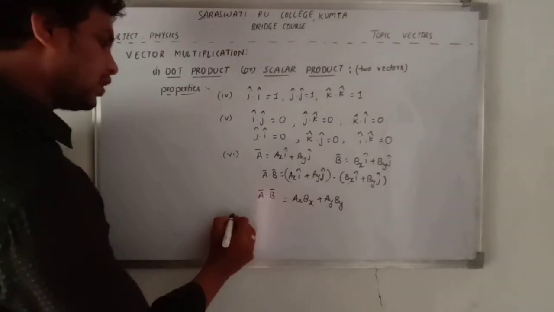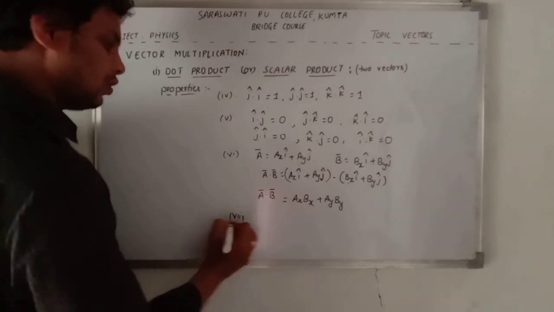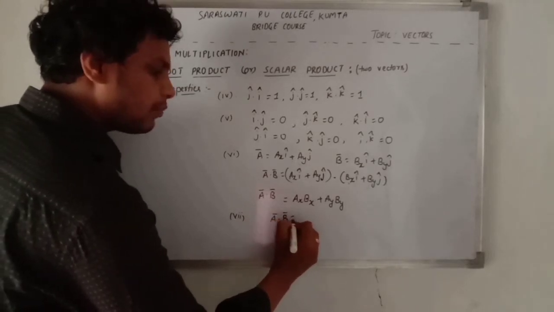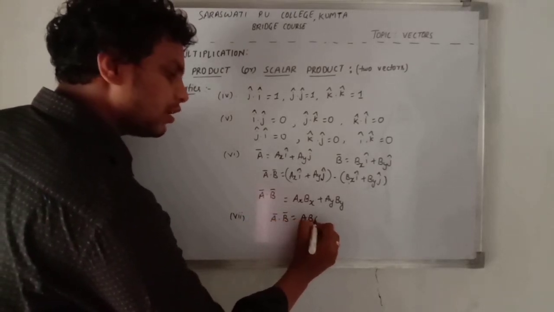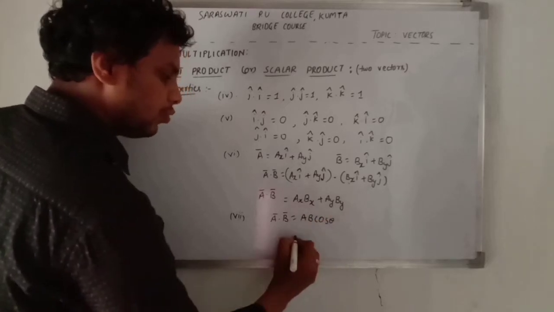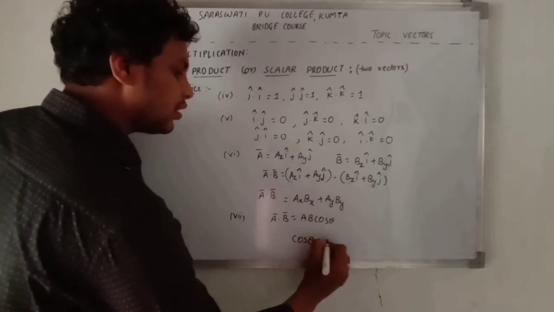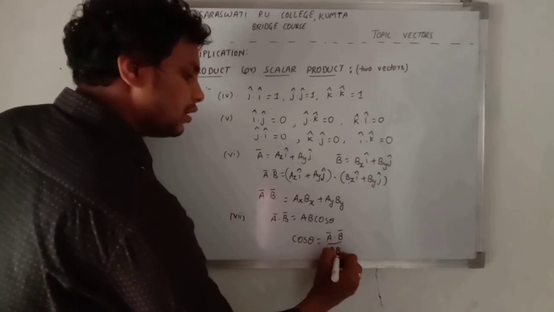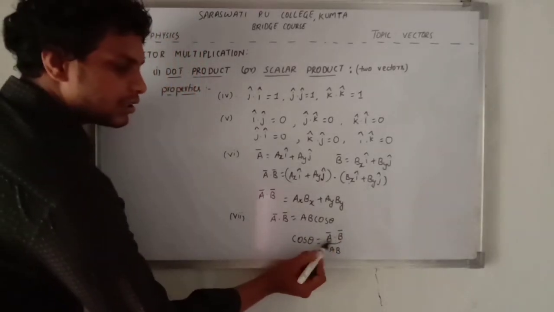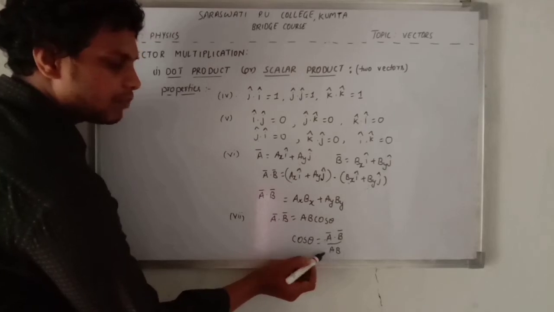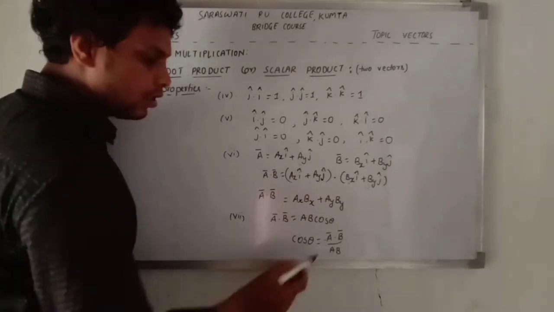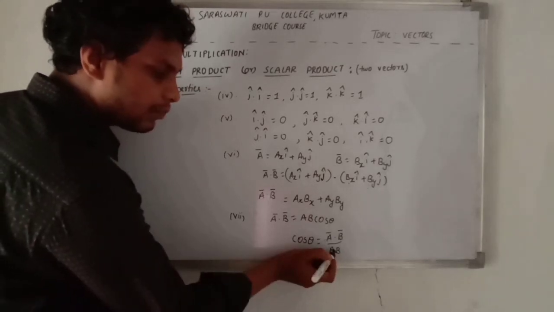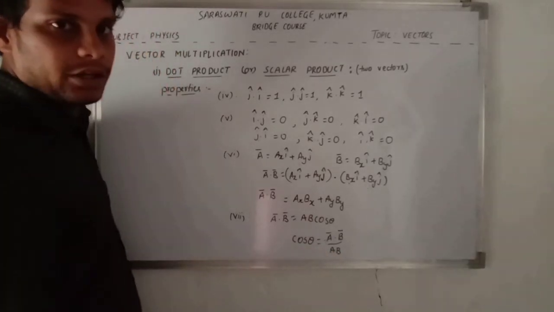And the last property: for example, if you take a bar dot b bar, that a bar dot b bar is equal to ab cos theta, or if you want to find out the angle, then cos theta is equal to a bar dot b bar by ab, where a and b are the magnitudes. So a bar, b bar are the vectors and a, b are the magnitudes.